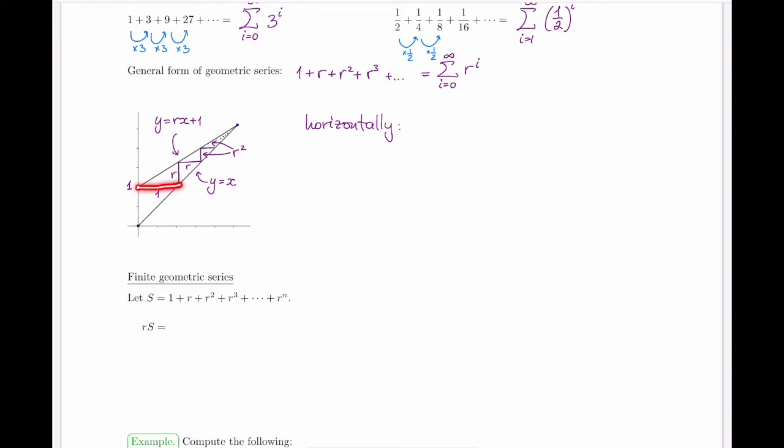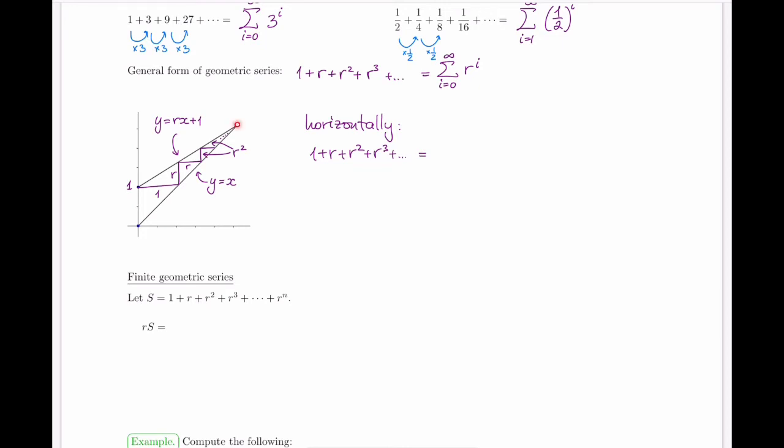And then I went 1, and then I went r, and then I went r squared. And if my pattern is to repeat, I will simply be adding steps of smaller and smaller sizes that all correspond to the actual powers of r, and so on, right? Now, because they will get infinitesimally small, I cannot actually ever stop anywhere. I need it in the limit to reach this point of intersection. So this is one way of counting my horizontal displacement.